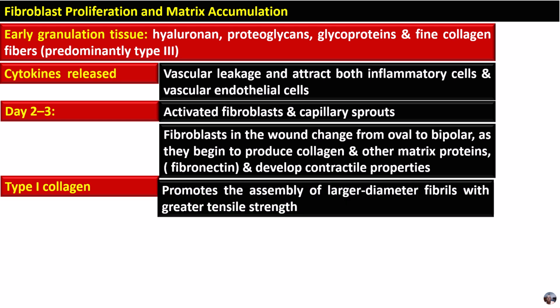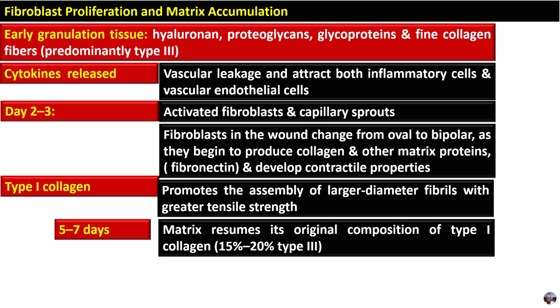Final ratio of the collagen is about 80 to 85% type 1, while only 15 to 20% is type 3 collagen in the later stages.